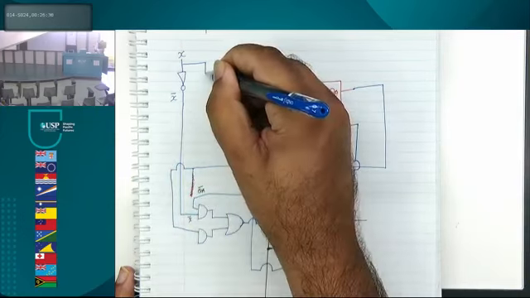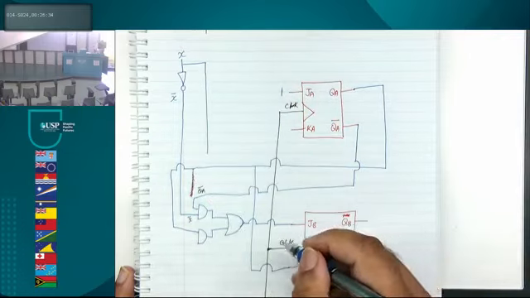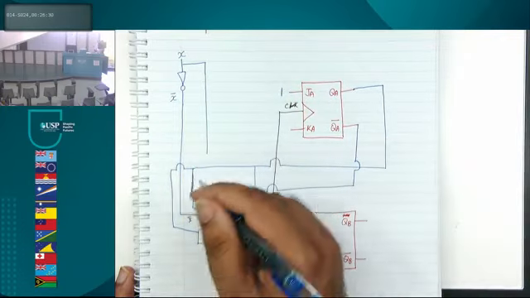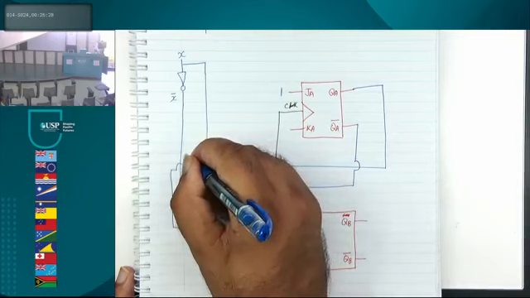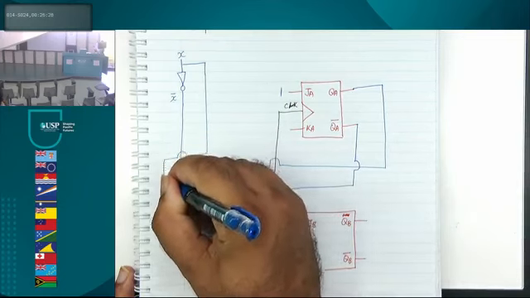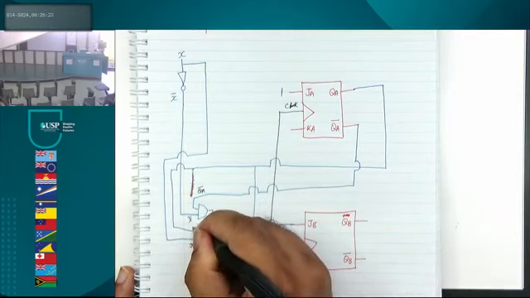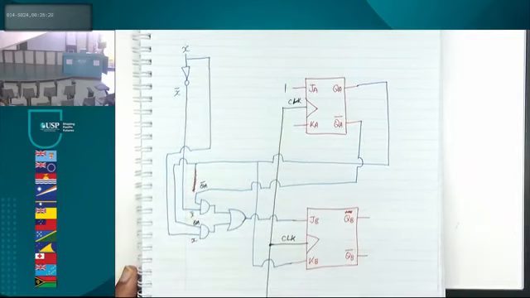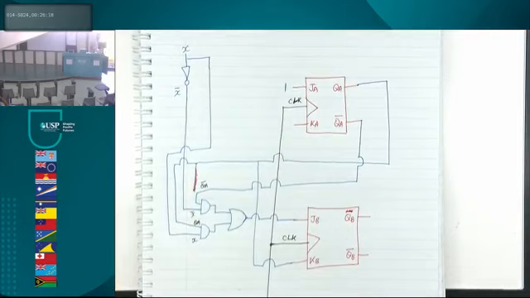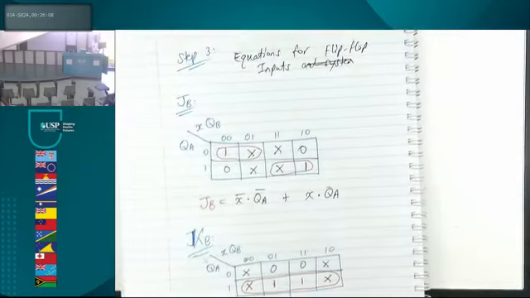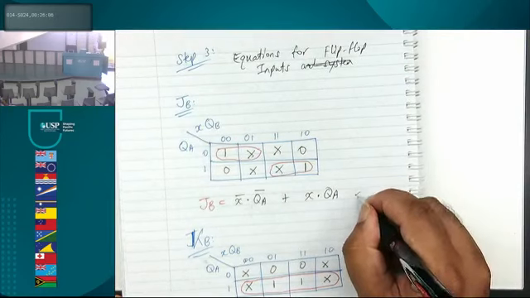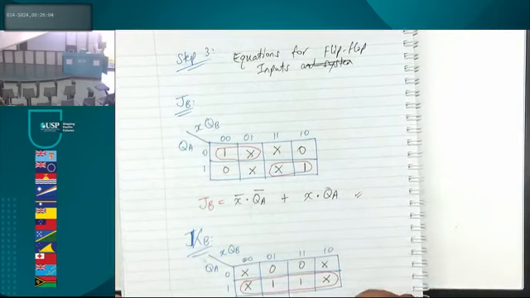Sorry, that's QA. So that'll be our X, that'll be our QA. It's slightly messy because I'm drawing it by hand and no pencil. So I always advise students to use a pencil. All right, so which ones are done? I've done this, this, and this.